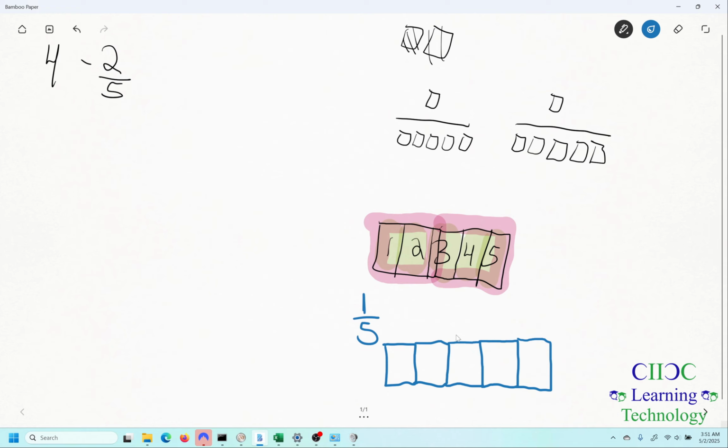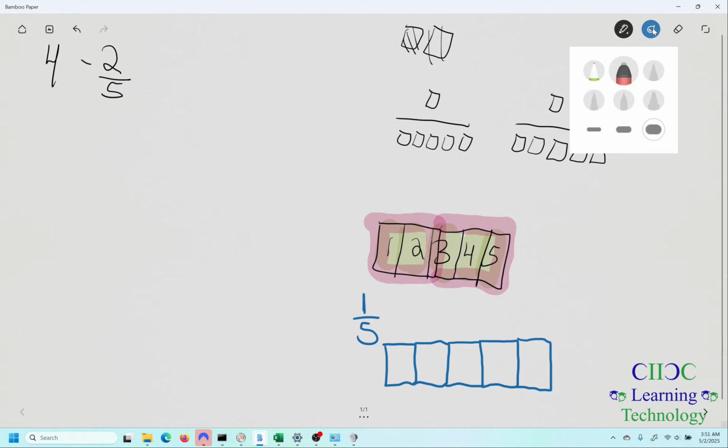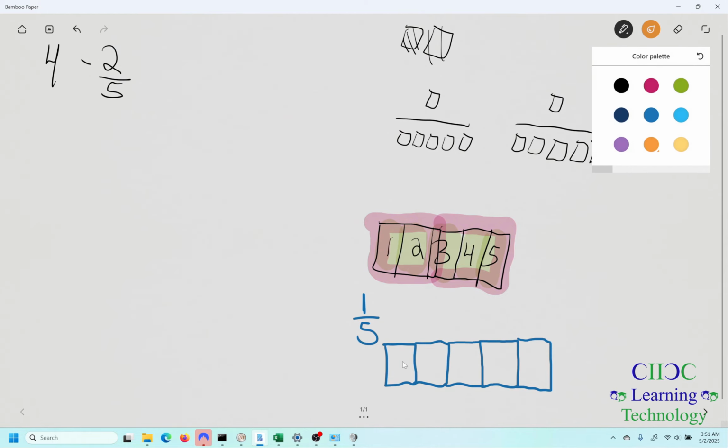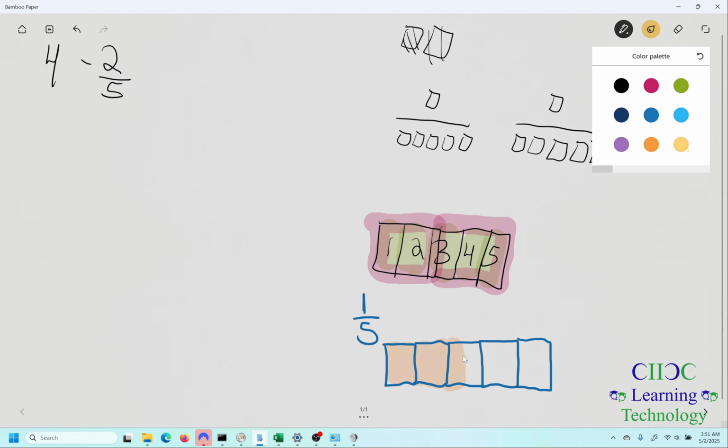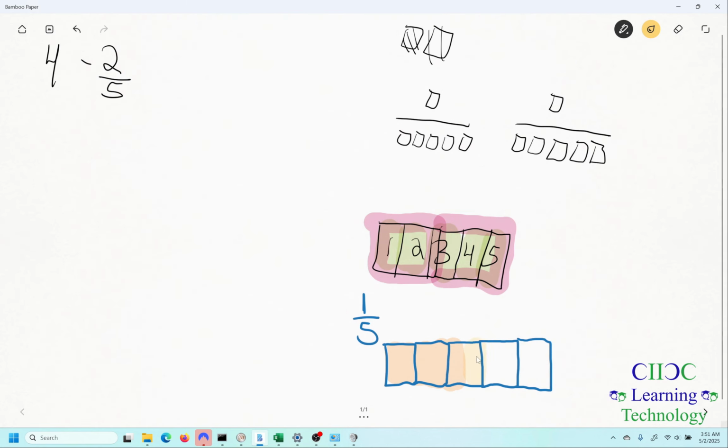So again, if you want to divide this equally into 2 parts, we need to stop here, and then you'd have the other one. So again, notice we have 5 that is divided into 2 parts.